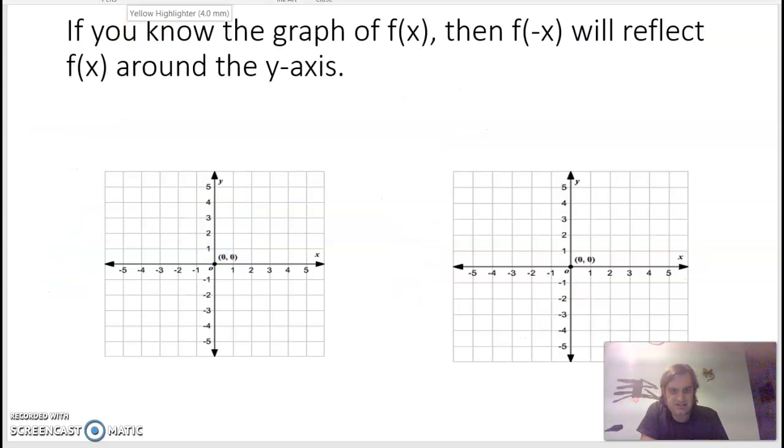Alright, so the next thing we're going to do is, what if we change the input? So we have f of x, and then we're going to have f of negative x. Well, let's take one of our other functions here, and let's make it the cube function. In this case, if we plug a couple things in, I won't plug in a whole lot.